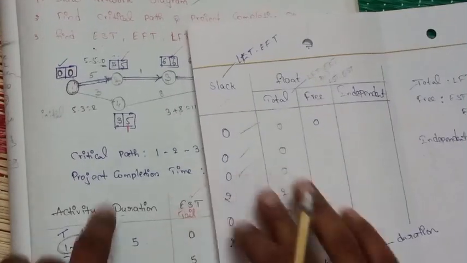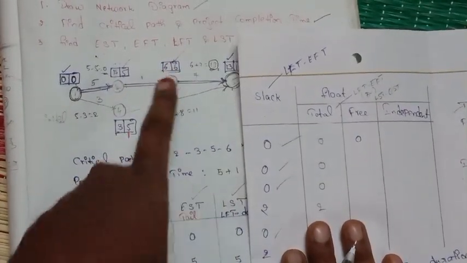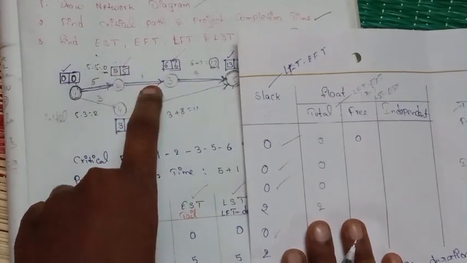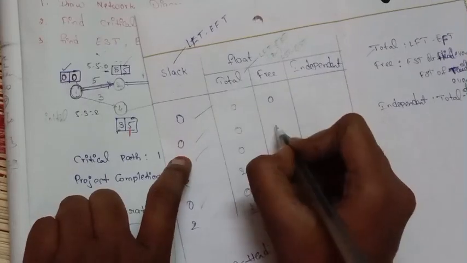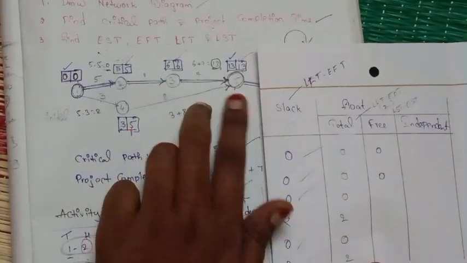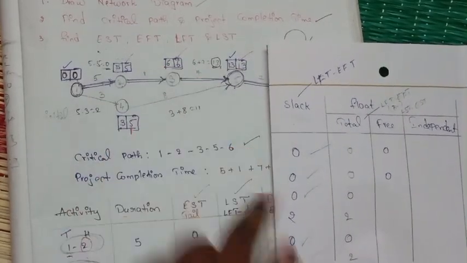Now for 2 to 3. EST of head event is 6, EST of tail event is 5. 6 minus 5, 1. 1 minus duration 1, 0. Then for 3 to 5, simply see: 13 minus 6 minus 7, it is also 0.